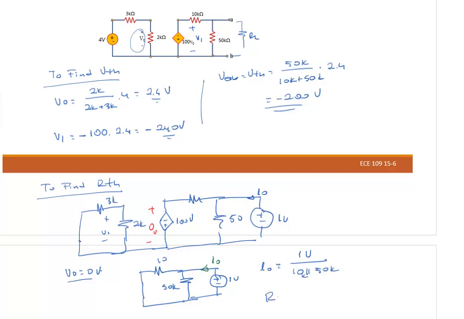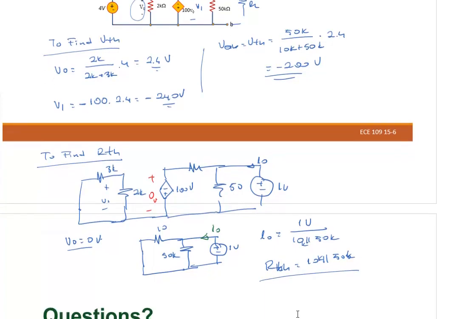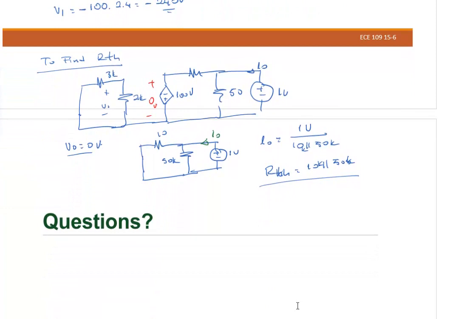or our RTH will be equal to 10K parallel to 50K. That's the answer. We have it. Which is equal to 10K times 50K divided by 60K right there.